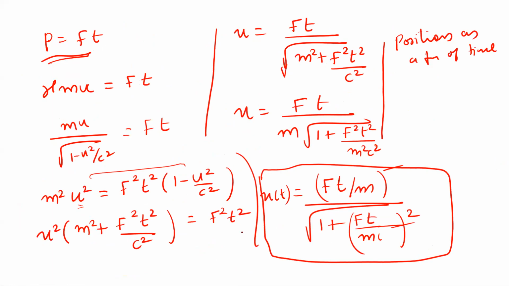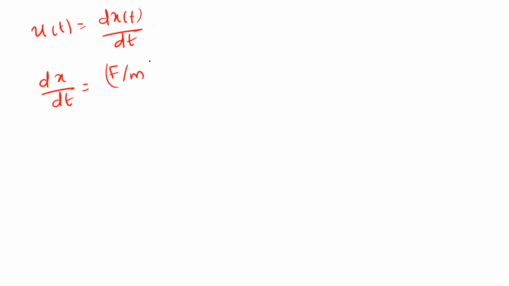Okay, so we have got velocity as a function of time. Now we know that u of t is equal to dx by dt. So we have dx by dt is equal to F by m multiplied by t divided by the square root of 1 plus Ft by mc, whole square.